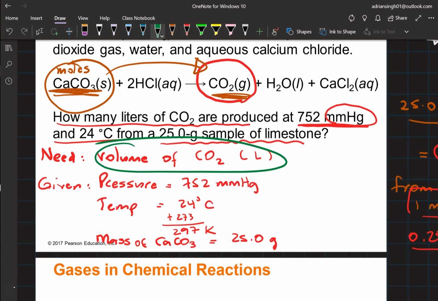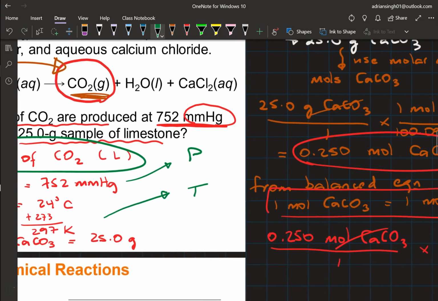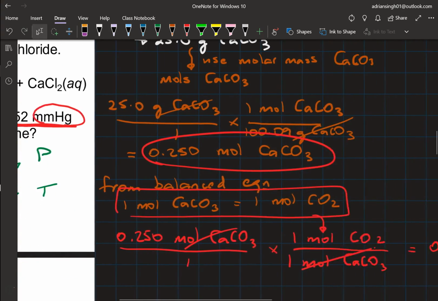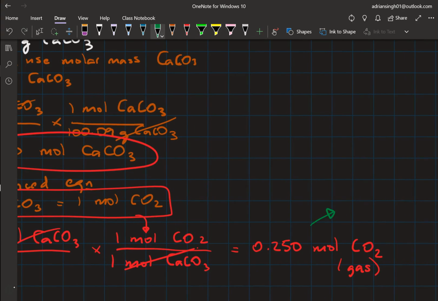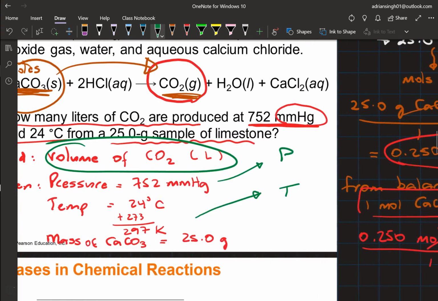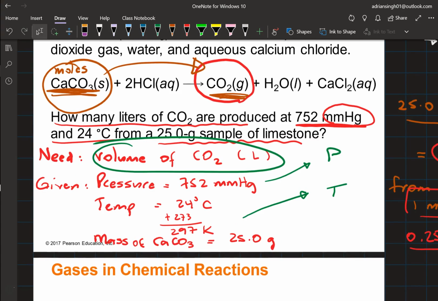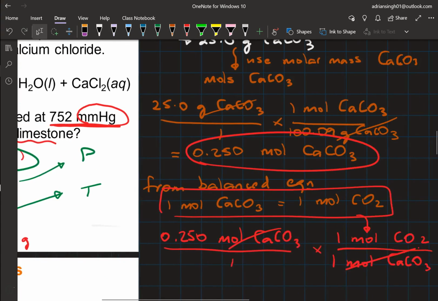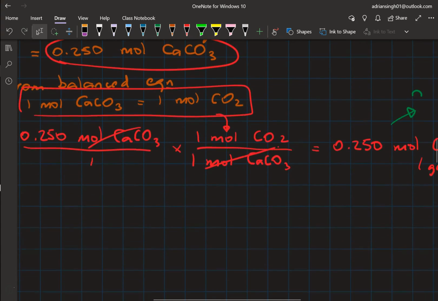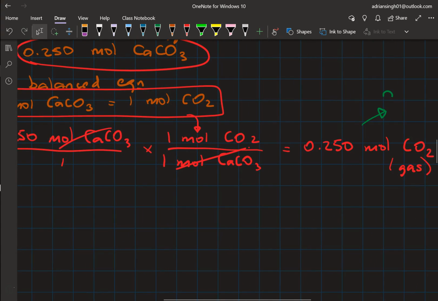Well, we know that we have the pressure P, we have the temperature T. We just calculated the number of moles, that's N. So we have P, T, and N. What we need to calculate is the volume V.